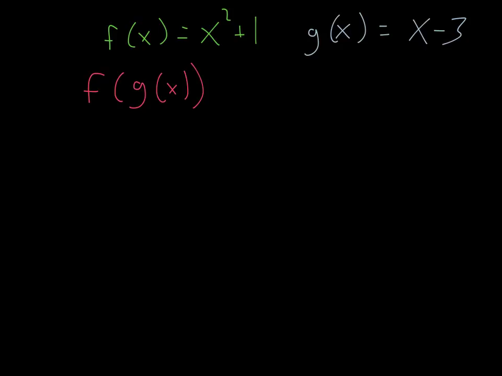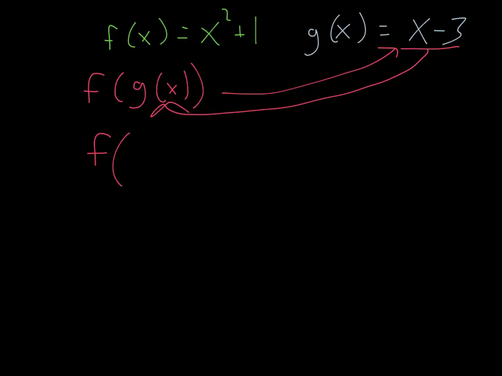Well, that means I'm taking the g of x function and plugging it into the f of x function. So think about it. If g of x is x minus 3, then I'm taking f of x minus 3. Well, we've done that before.